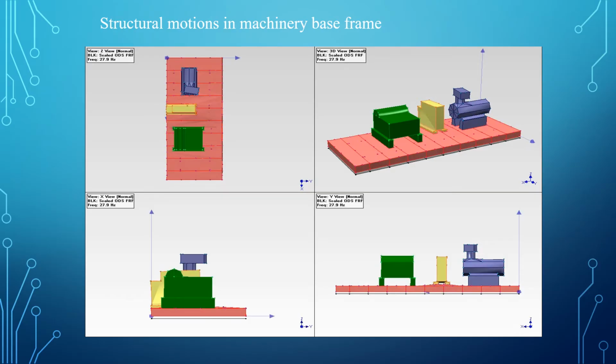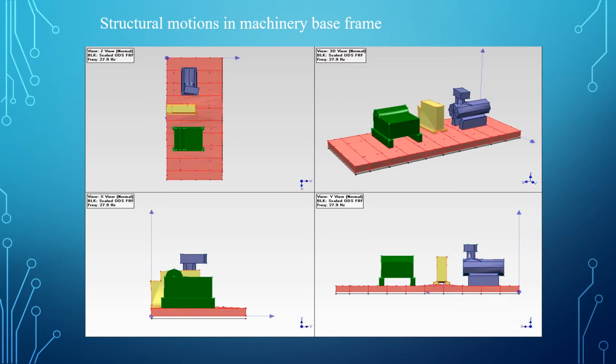On this slide, let's try and visualize some of the problems occurring on the machinery base frames due to structural motions. As you can see here, the red portion refers to the base plate, on top of which we have the green and the blue items which refer to the driven equipment as well as the driver.